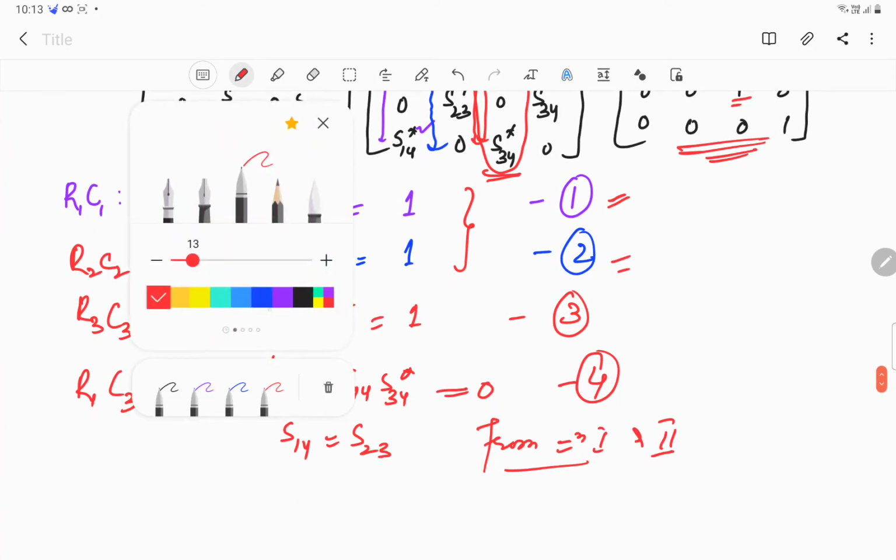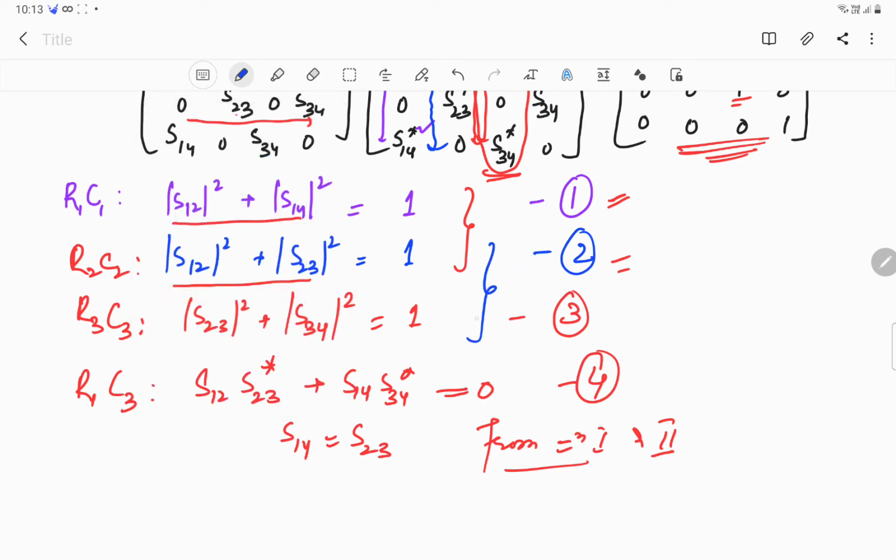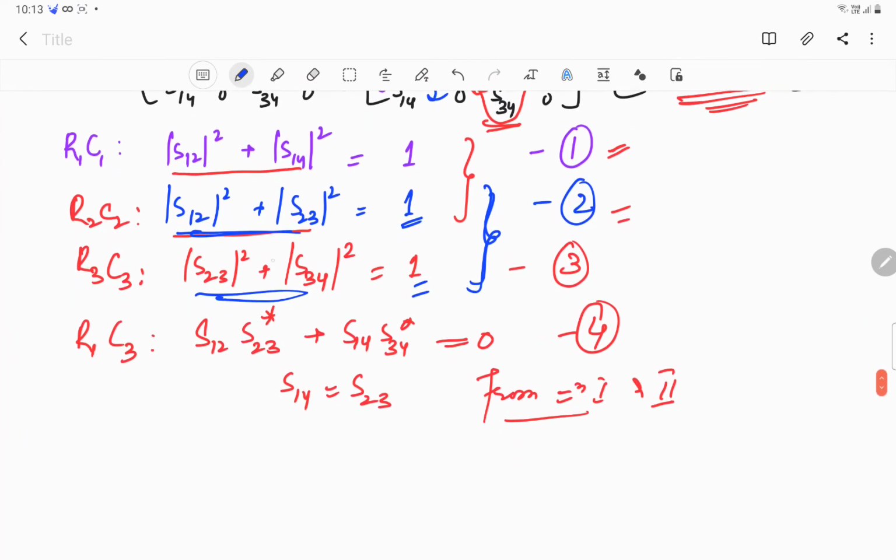Likewise, if I look at equations 2 and 3, on comparing equations 2 and 3, we have 1 here, 1 here, so their left hand sides must also be equal. On equating their left hand sides, s23 cancels out. We are left with s14 square.